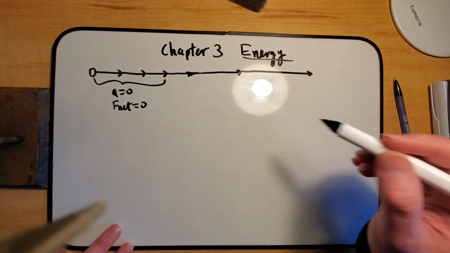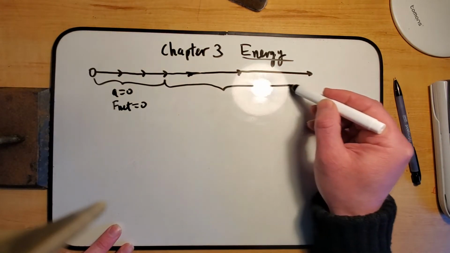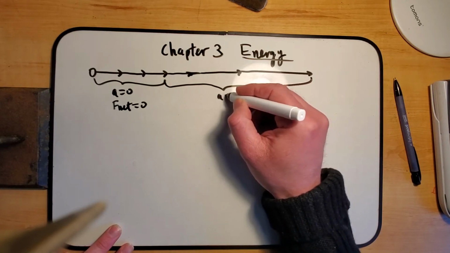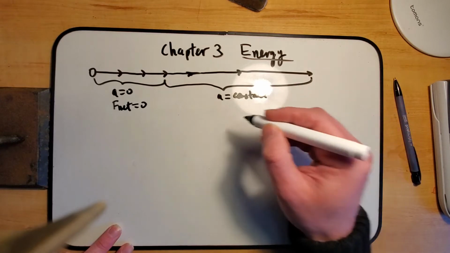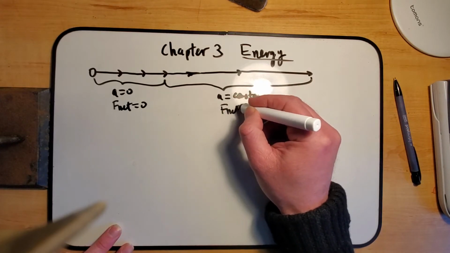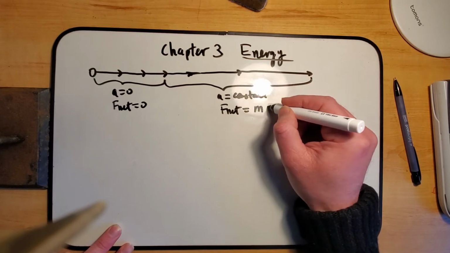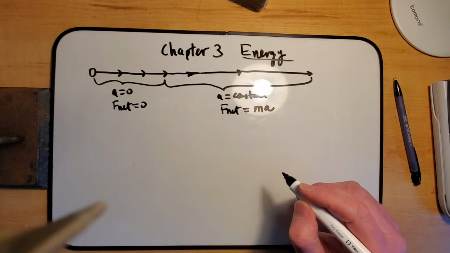From here to here, you have some constant acceleration, so F net is now not 0, but equal to m times a.